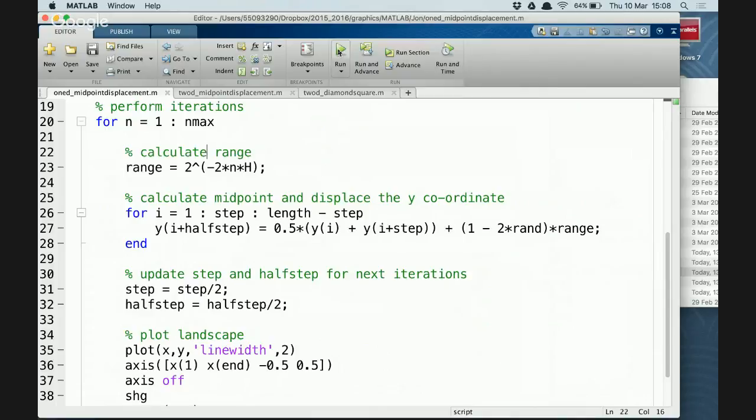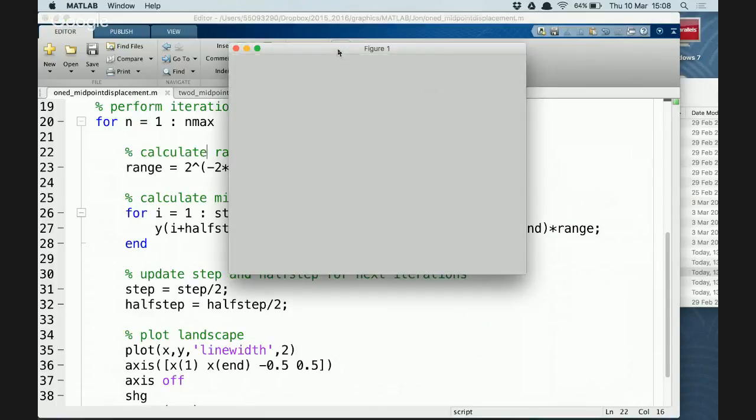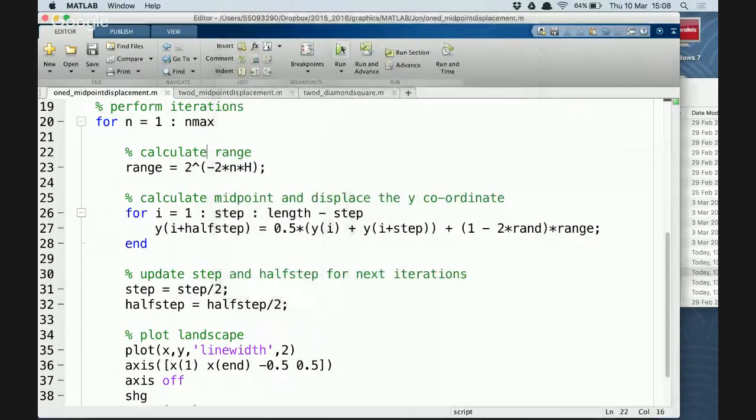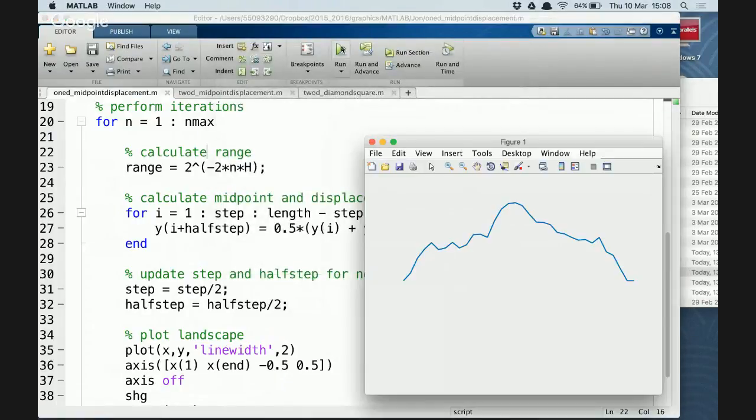As I mentioned, it's going very slow for some reason, this computer. Okay, there we go. Each halfway point, it generates the height, and then it plots it. Every time I run it, it will look different because it's all random. So that's your midpoint displacement.